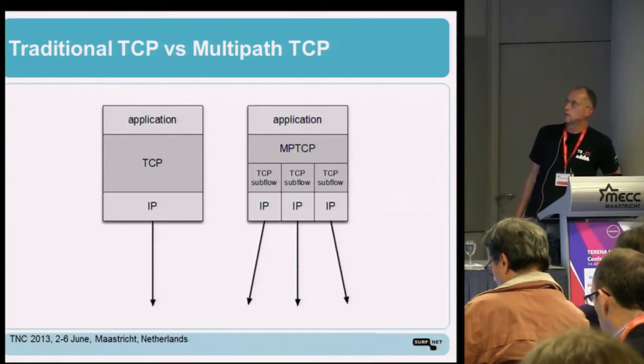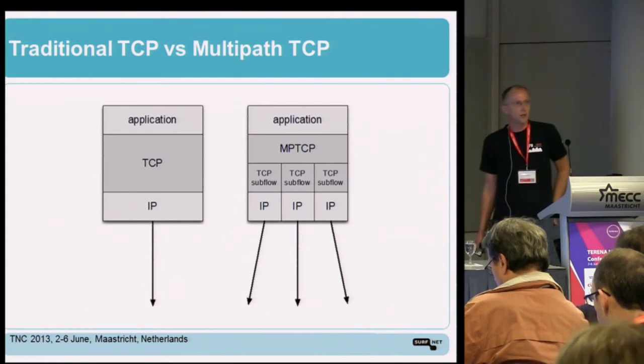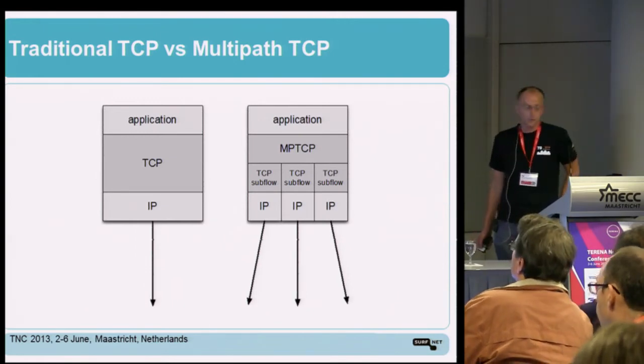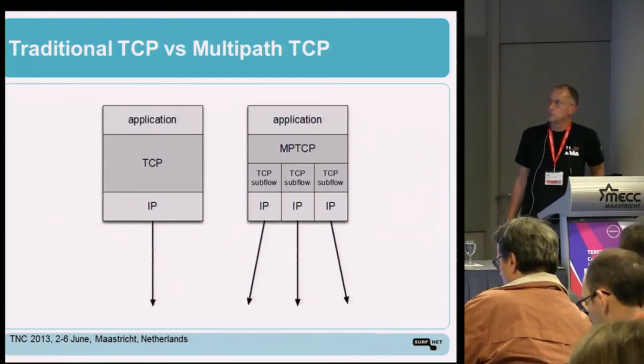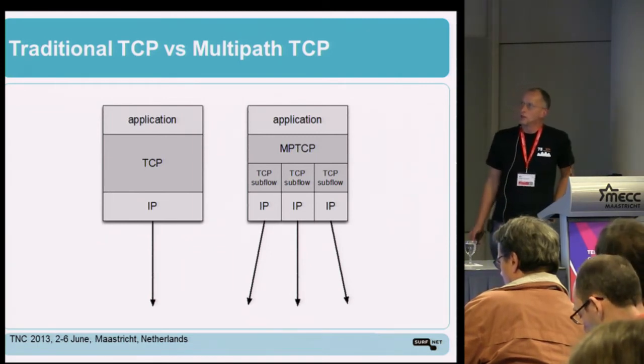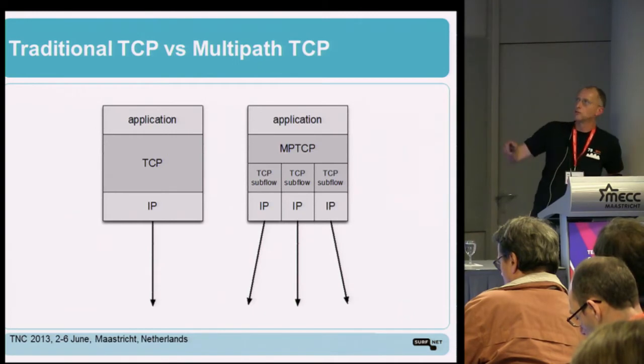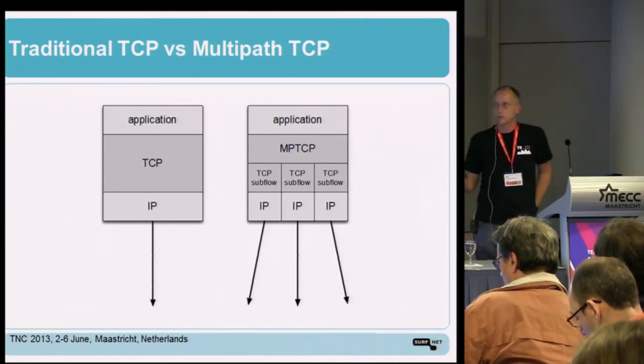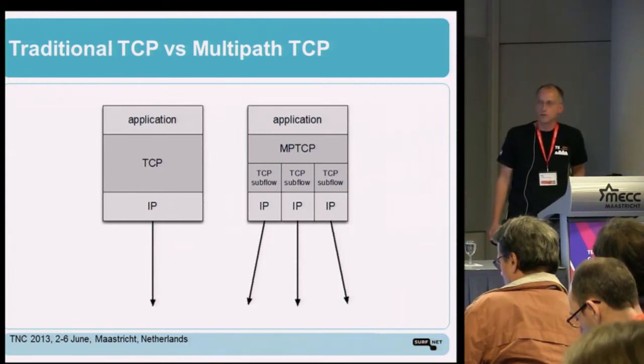You still have the application byte stream from the application to the MPTCP layer. The MPTCP layer segments and spreads the load, spreads the segments across all the subflows. For each interface there's a subflow. And that is handed to the IP stack.